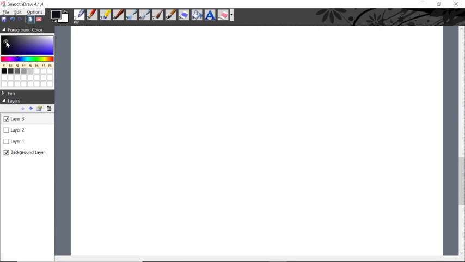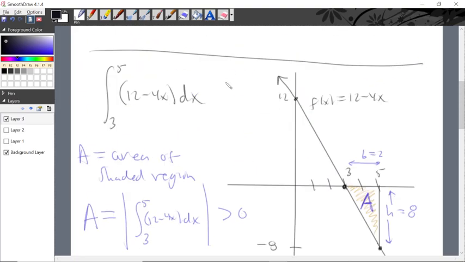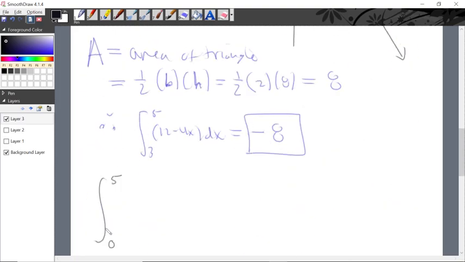Now let's say we wanted to interpret the integral from 0 to 5 of 12 minus 4x dx. We're still using that graph above, but I'm going to quickly sketch it here again.